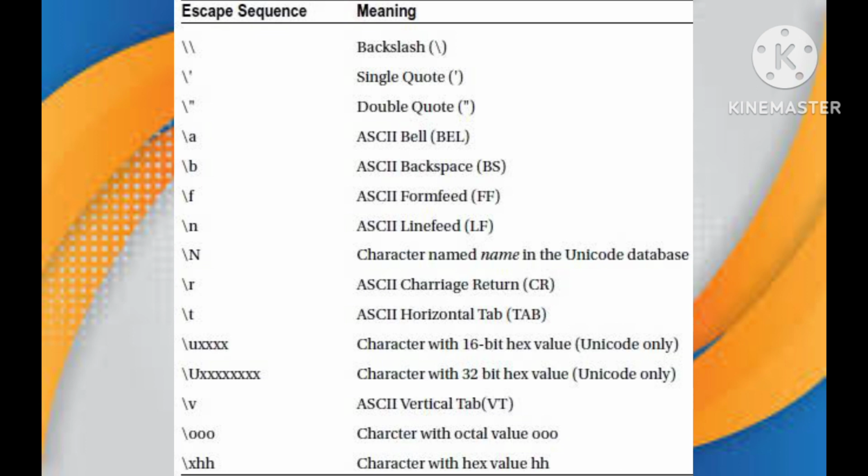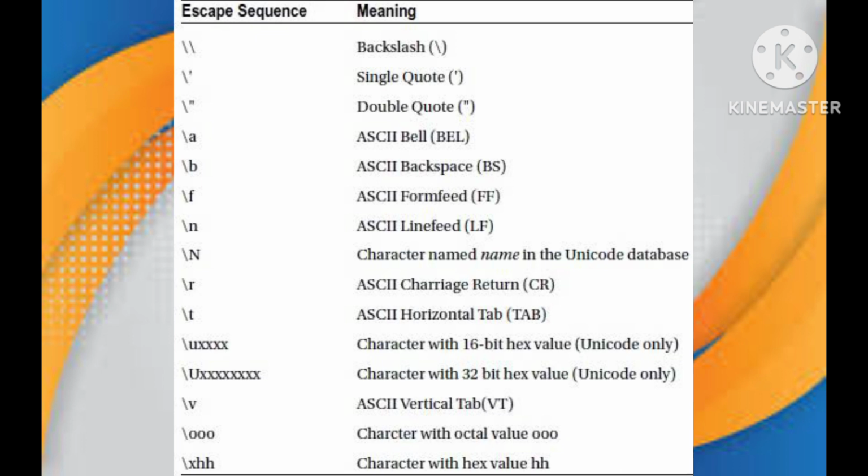If we want to give a single quote, then we can write backslash and single quote to give the single quote in our program. Then our third escape sequence is double quote. If we want to give a double quote, then we can use this escape sequence, backslash double quote.